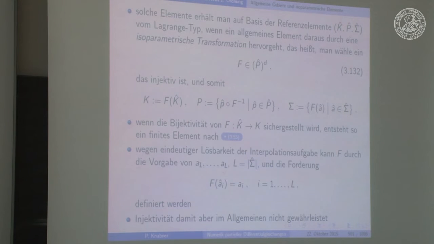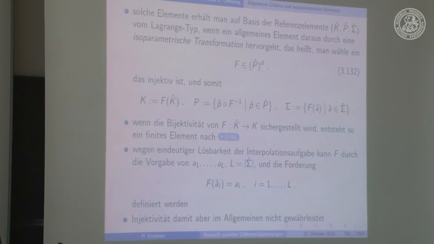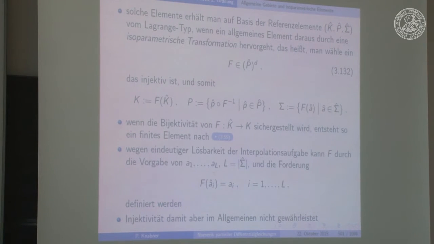With the simplicial elements, in some sense, we did not really need the reference element. The reference element was arbitrary, in particular simple, but in principle it could also have been avoided. In the simplicial case, we could write down all the basis functions, taking advantage of the barycentric coordinates, without going to the reference element. Here it's different.